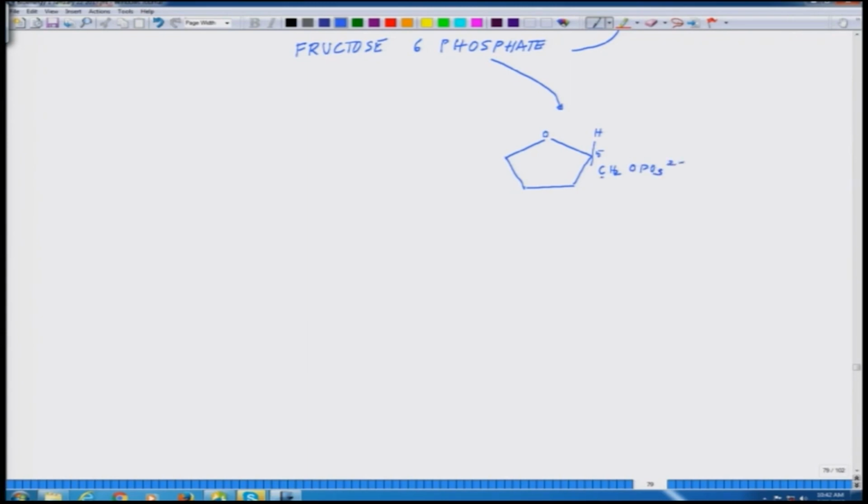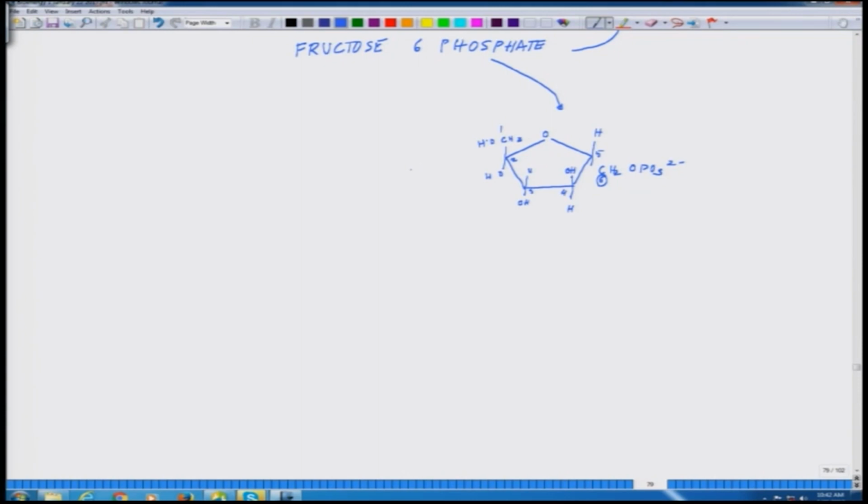This is the phosphate group, this is the 6th carbon, and you have here a hydroxyl group, and this is your 4th carbon. Now you are on the 3rd carbon, hydroxyl group pointing out of the plane, and here you have a hydroxyl group, and you have another hydroxyl group attached to this carbon, which is carbon 1. So, this is your fructose 6-phosphate.